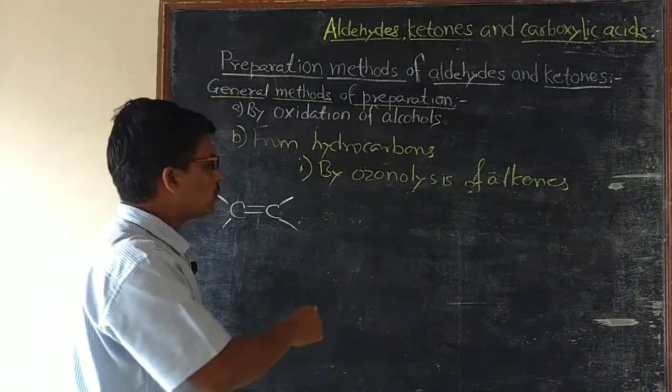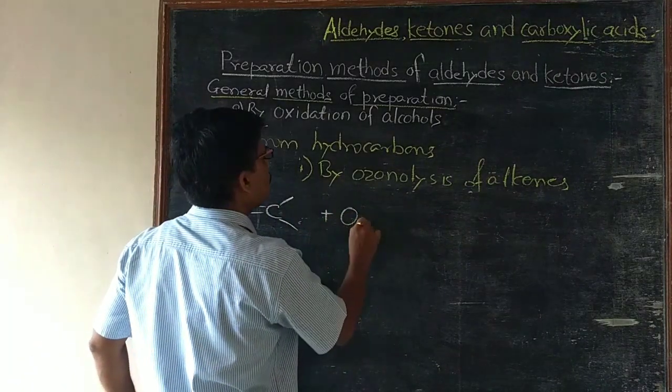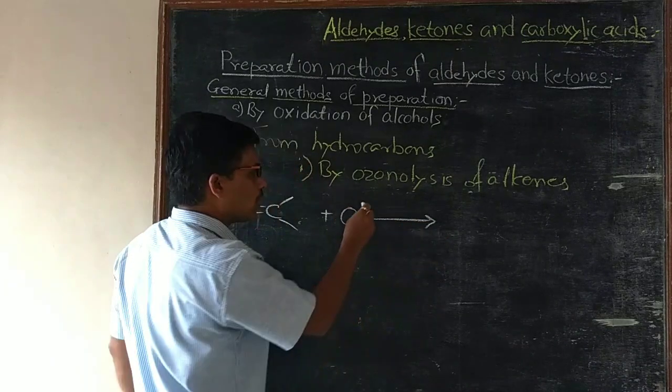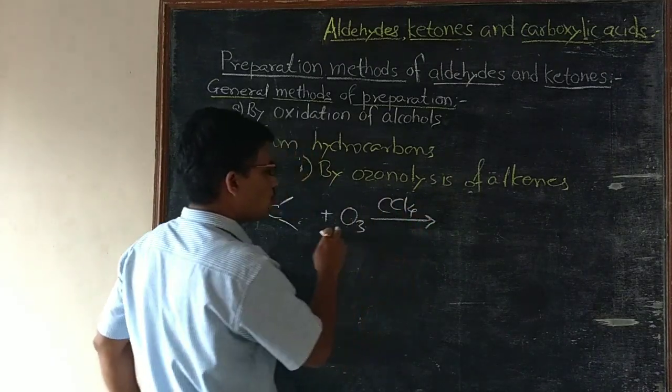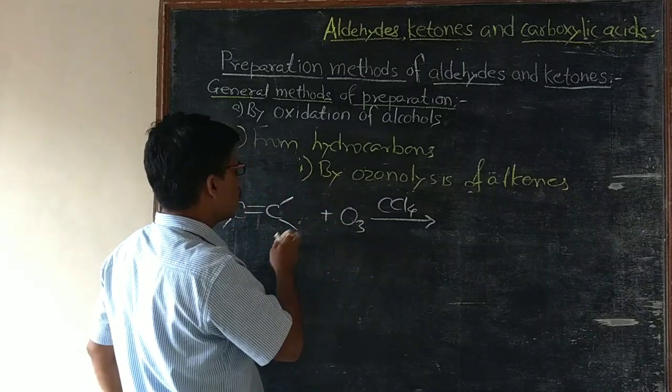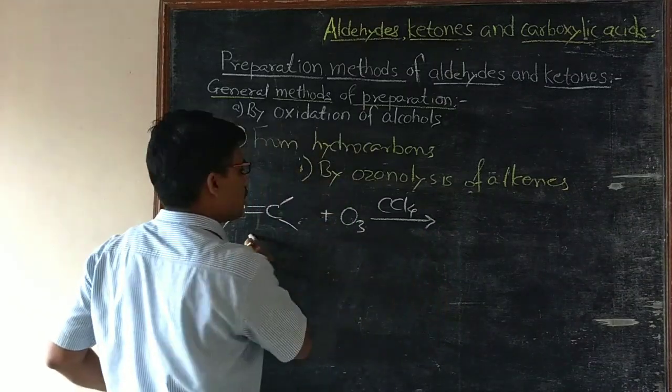Alkenes react with ozone in presence of an inert solvent like CCl4 to form its ozonide, that is alkene ozonide.